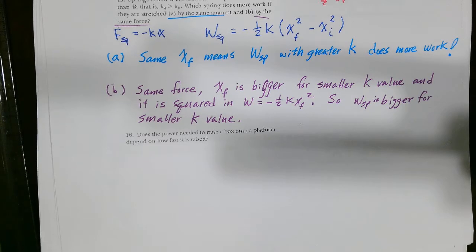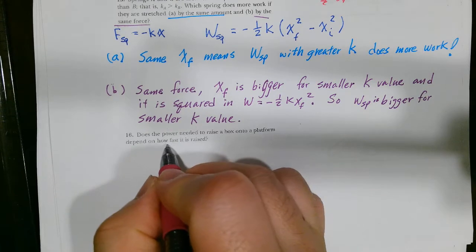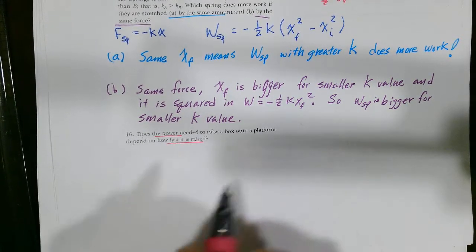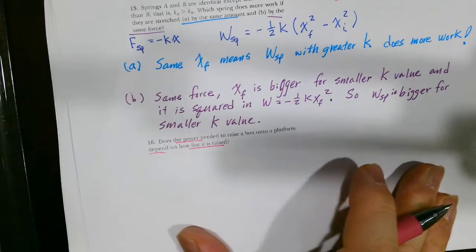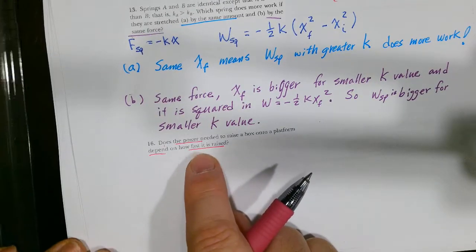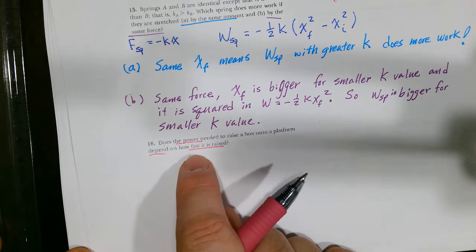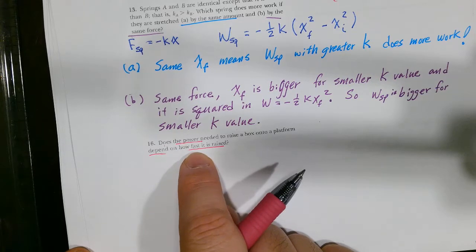All right. Let's take a look at number 16. Does the power needed to raise a box onto a platform depend on how fast it is raised? Right. And the answer is absolutely yes. How fast means, I believe they're talking about time, not speed.